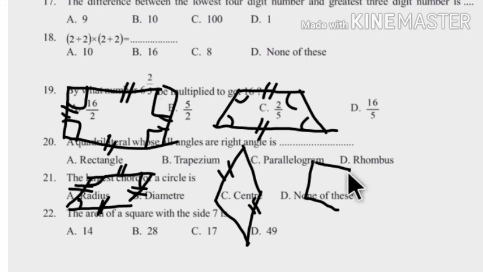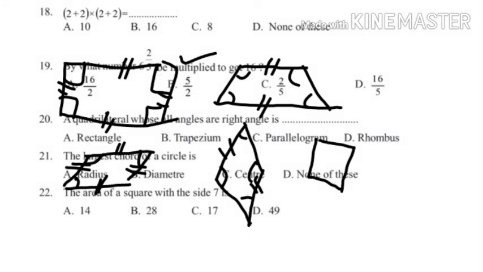We know in a square all four sides are equal. You can see that here the angles are not 90 degrees. So from the four figures we can see that only a rectangle has all angles as right angles, or 90 degrees. So rectangle is the correct answer.